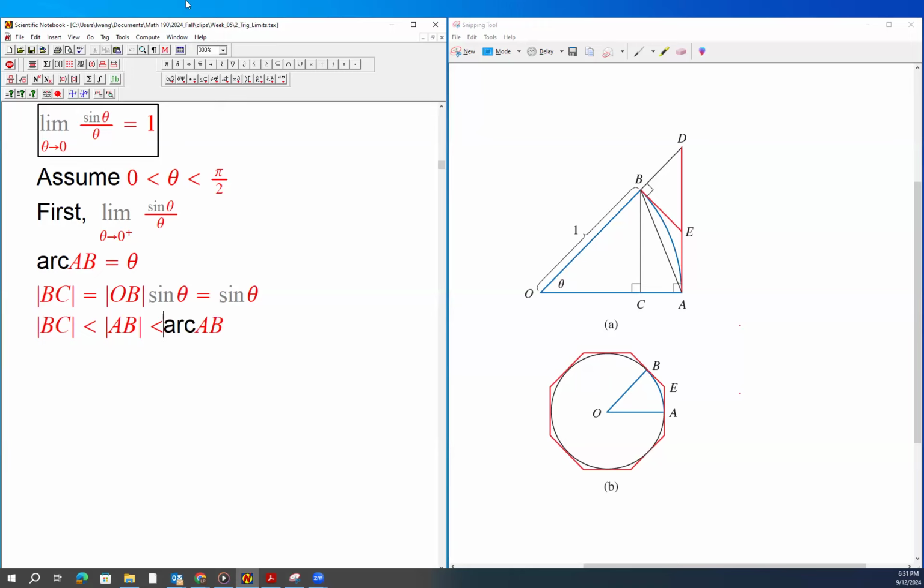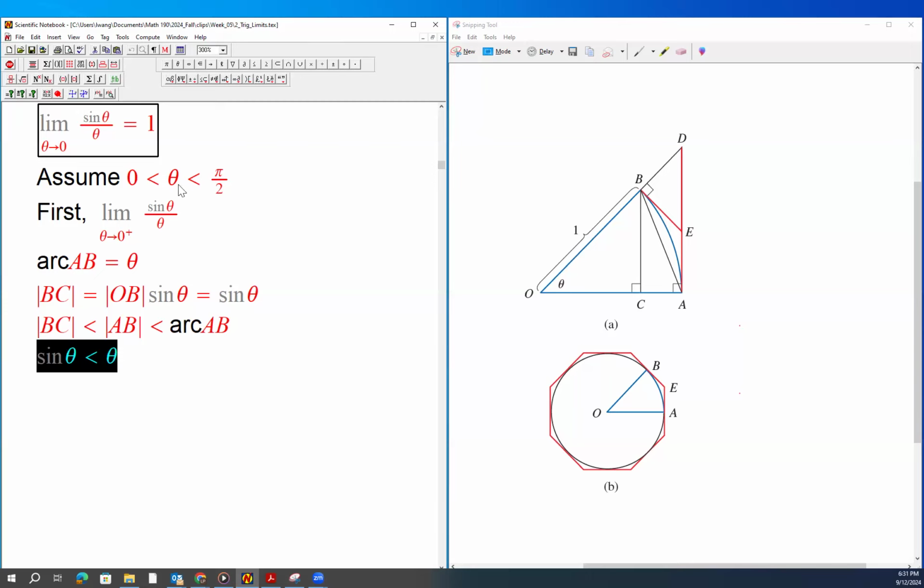By this time, we have established a relationship. Because arc AB is theta, and BC is sine theta, we substitute BC here, and we have sine theta is less than arc AB, which is theta. This is a useful relationship.